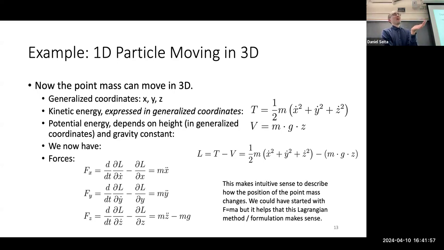Yeah. The best answer that I can give you is, if you know the kinetic energy and the potential energy of a system at any instantaneous time, then you kind of know how the system is going to change. I think that's the main intuition here.